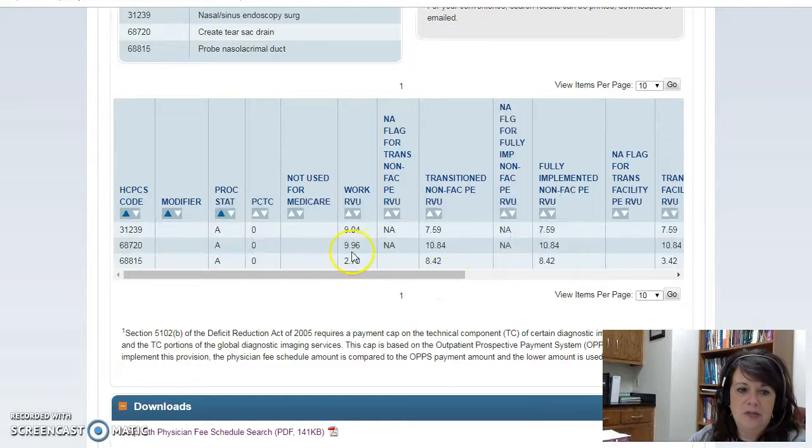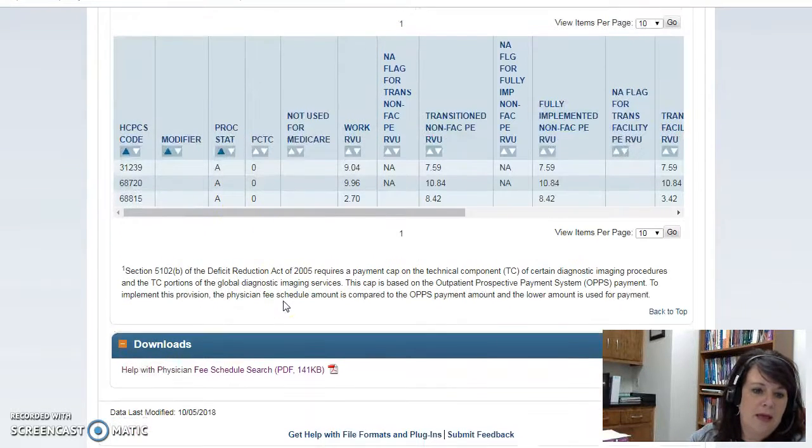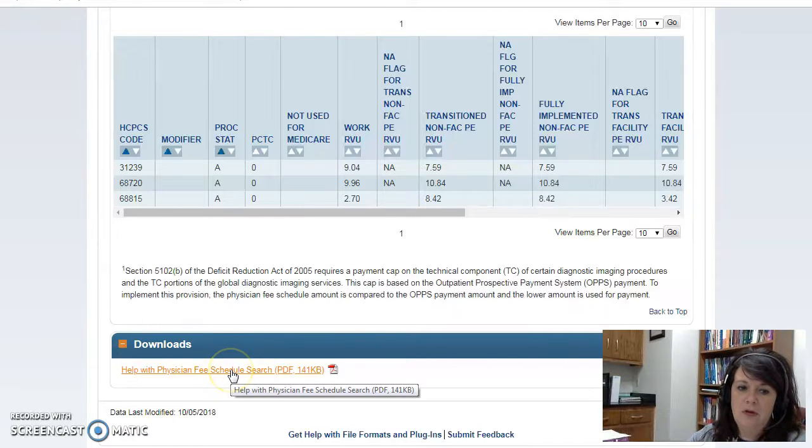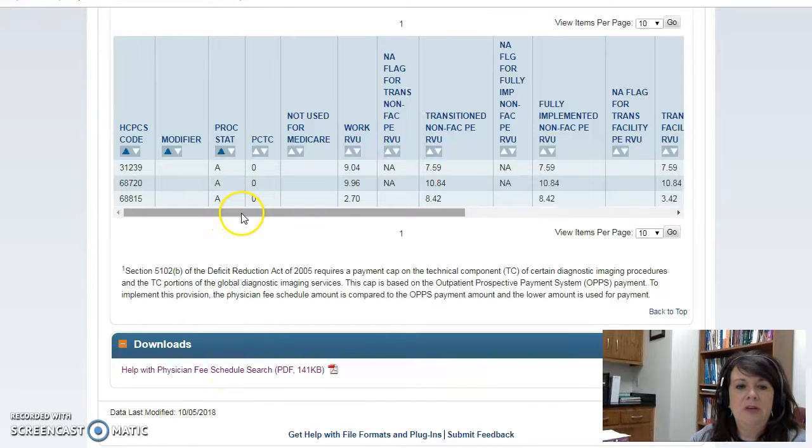What I get here on this screen is a lot to read. Okay, and this little helpful PDF is really good for you too. But when I look at this, okay, it tells me the work RVU, non-facility practice expense RVU, okay.